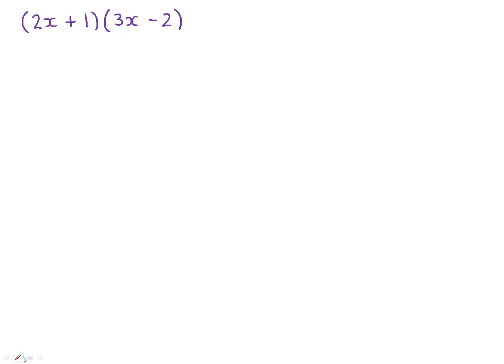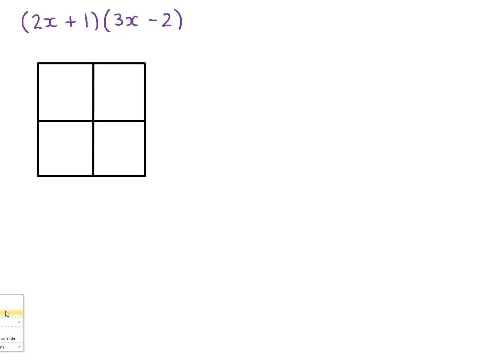Your process is still the same, that hasn't changed. So we're going to need a grid, and we split up in the same way, except that this time we split it up into 2x and plus 1, and then 3x and minus 2.